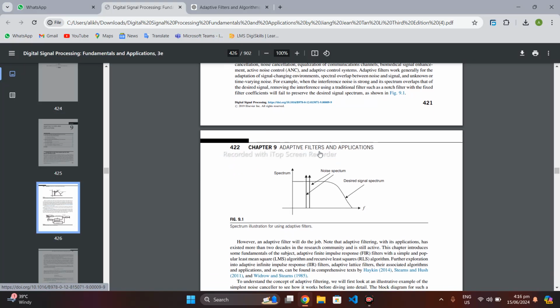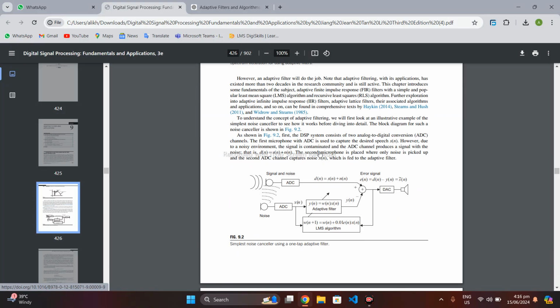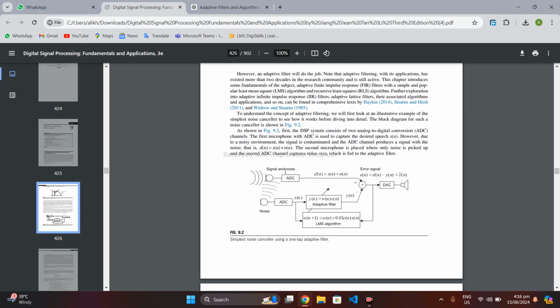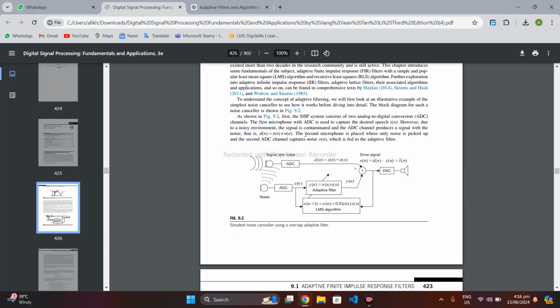So here are some examples. The first, the DSP consists of two analog to digital channels. The first microphone with ADC is used to capture the desired speech signal. However, due to a noisy environment, the signal is contaminated and the ADC channel produces a signal with noise.